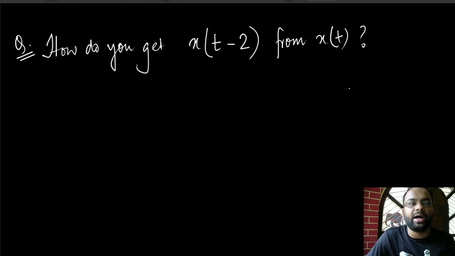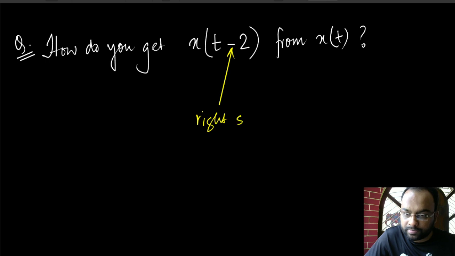Yeah, simply shift the signal to the right by 2 units, right? So now of course we are taking care of the minus sign first. Now here the minus sign indicates a right shift, right? You have to remember all this information.